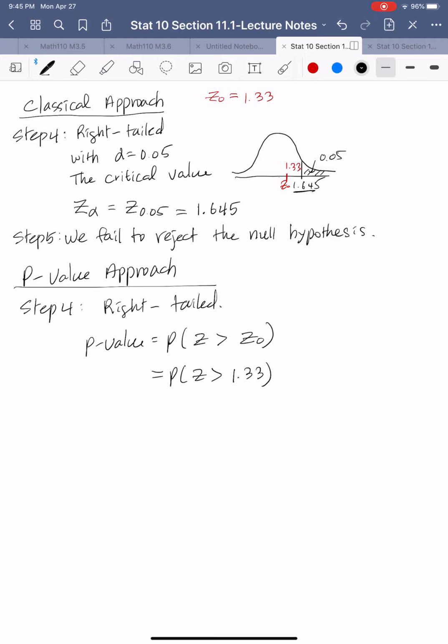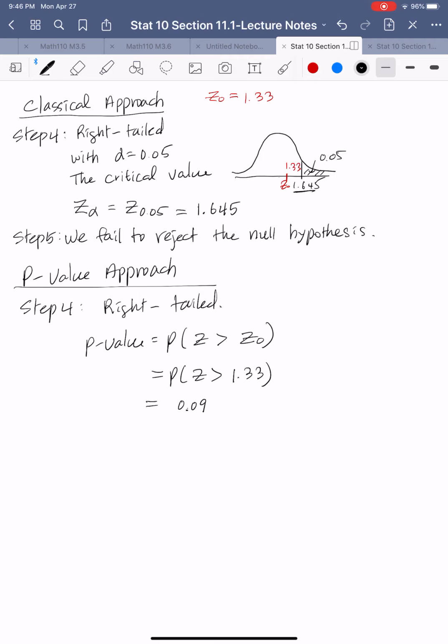So if you're looking at the probability that z is greater than 1.33, it's about 0.09. Okay, that's a probability, that's the area.